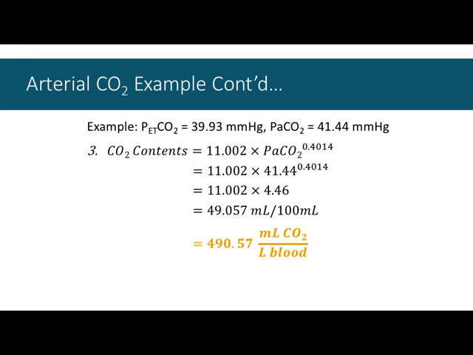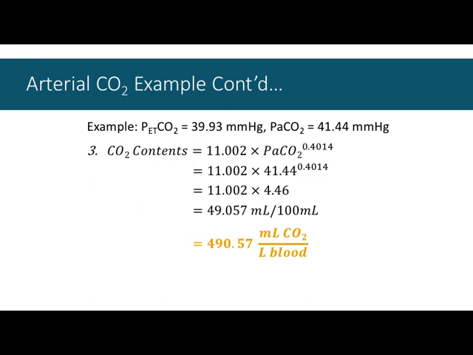If you want to, at the risk of adding a layer of complexity, what I'm revising in the slides for next year is I'm going to change the equation to, it'll just be 110.02 times the PaCO2 to the same power, just to get rid of the conversion step at the end. It's the same equation if the trace were drawn on the mils of CO2 per liter graph. But I digress anyways.